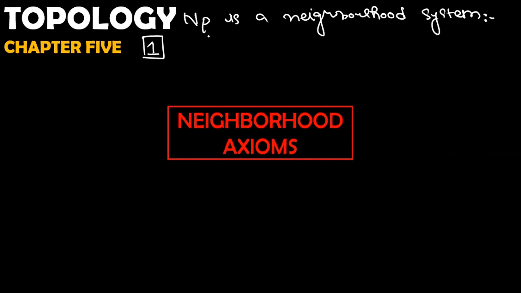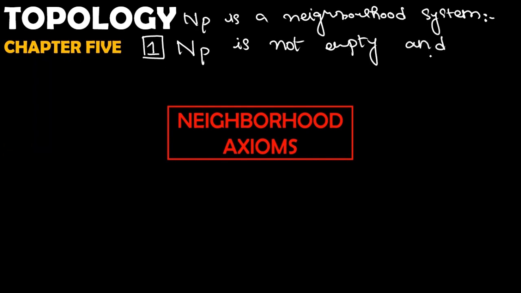Always remember that NP means I have a set of all the neighborhoods of a point P. Then the neighborhood system of P is not empty, because if this set is empty, it means there is no neighborhood of P, which is impossible.